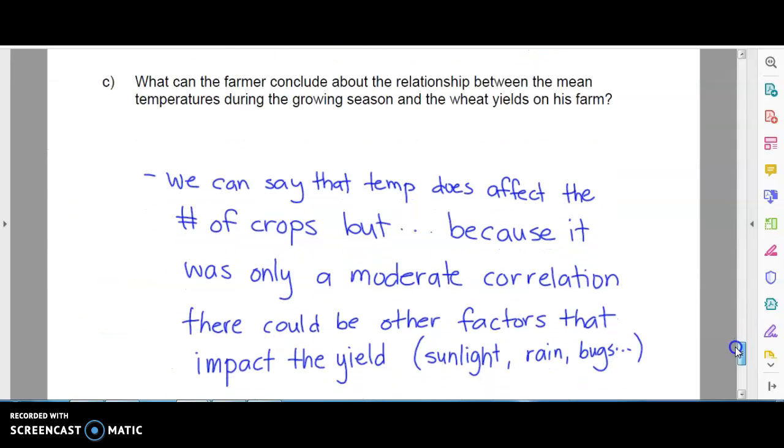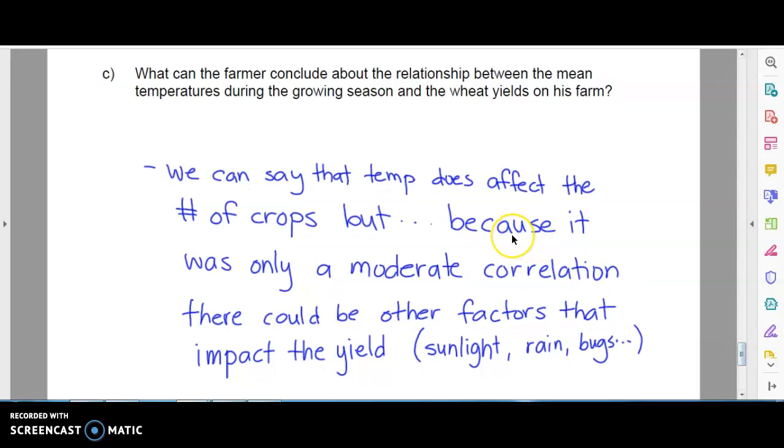Finally, what can the farmer conclude about the relationship between the mean temperatures during the growing season and the wheat yields on his farm? Because it's a moderate positive correlation, we can say the temperature does have some effect on the number of crops, but because it is only moderate, there could be other factors that impact the yield.